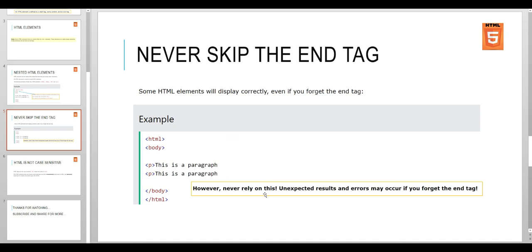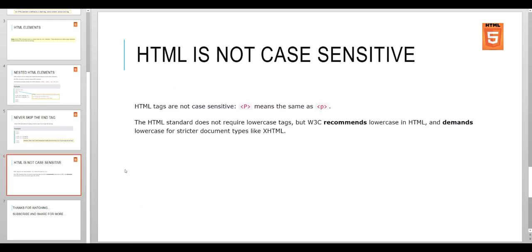We highly recommend you, unexpected results can happen and errors may occur if you forget the end tag. So always write the code fully and in a complete manner. Don't skip things or make shortcuts. It can generate unexpected results sometimes. So right, okay, let's look at the next slide.